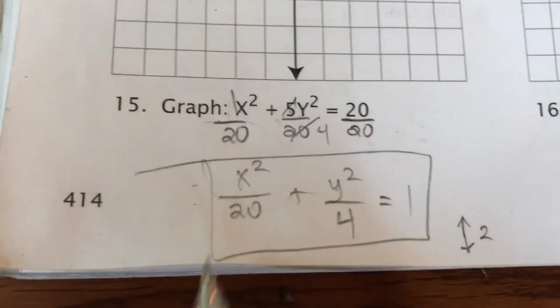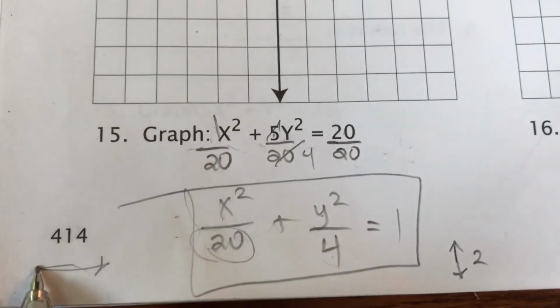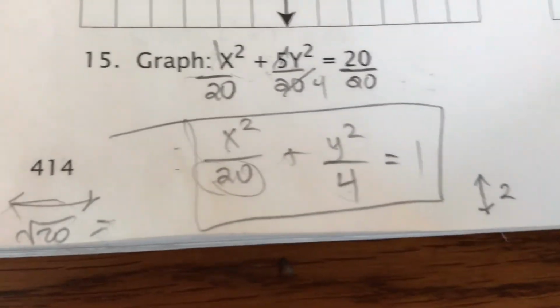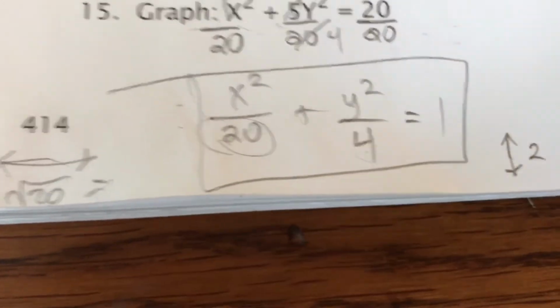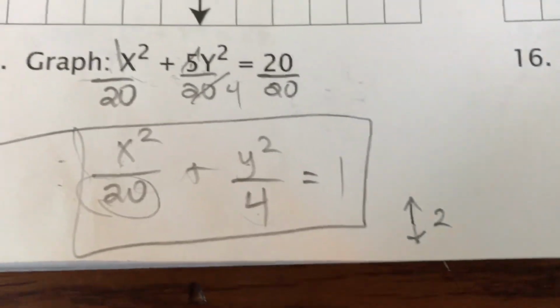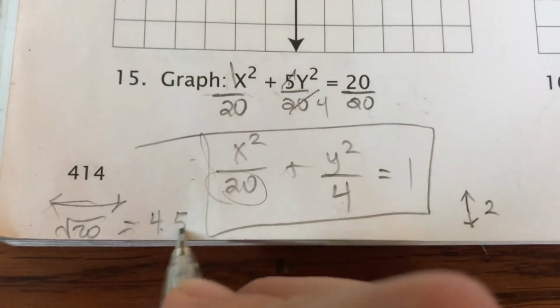Okay, this one's not so easy. I know the x-axis runs back and forth, and I want to go the square root of 20. In your calculator, you can just find the square root of 20. I think it's about 4.45 or something. So I'm going to go over here to my calculator and double check it. Yep, it's about 4.47, which is about 4.5.